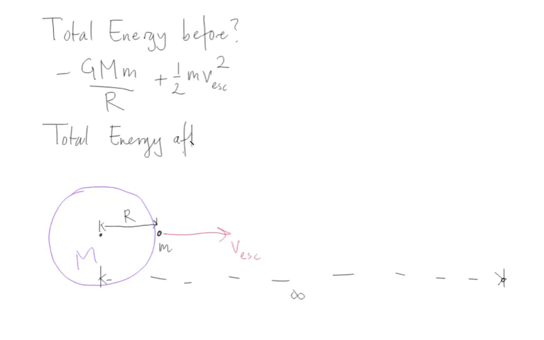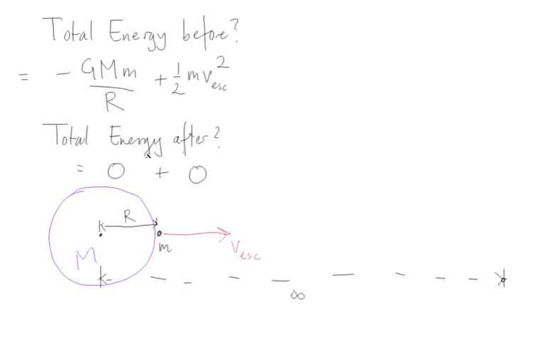What about the total energy after, when it's at infinity? Well, it just stops, therefore its kinetic energy is zero. And by definition, at infinity, the gravitational potential energy is also zero. So the total energy before is this, and the total energy after is zero. So we can simply equate total energy before equals total energy after if we assume no other losses.